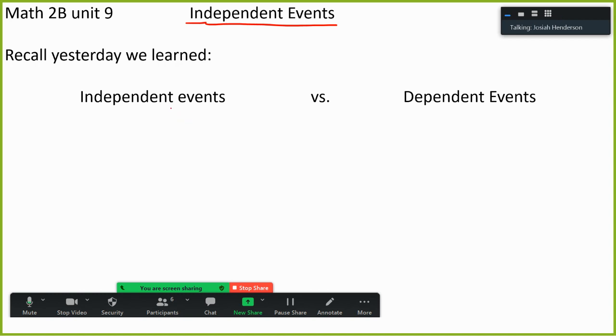If we have enough information, we can use our multiplication rules from yesterday to figure out: are they independent of each other, event A and event B, or does one depend on the other, making them dependent? So consider today a further step into yesterday's lesson, not simply using the multiplication rules, but figuring out whether we have independent or dependent events based on the math, based on which formula is true.